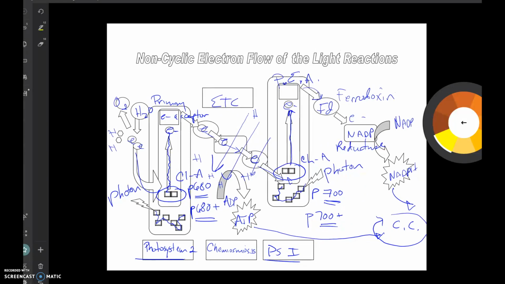As the water is split and the electrons and the hydrogen are made available, we'll see a flow of those electrons to this P680 plus. The reason it's P680 plus is that it had previously lost its electrons due to excitation. It's going to come down the electron transport chain.